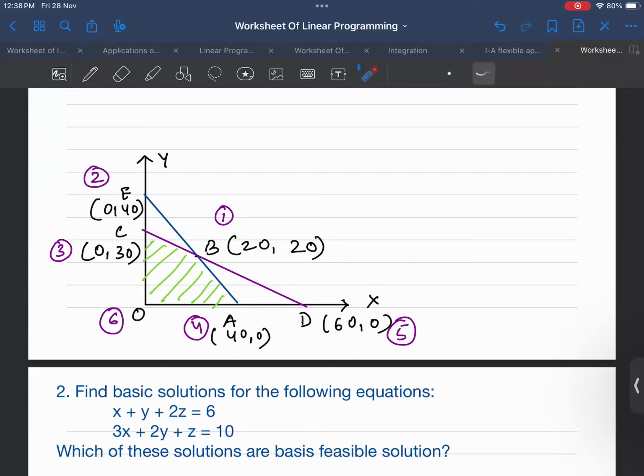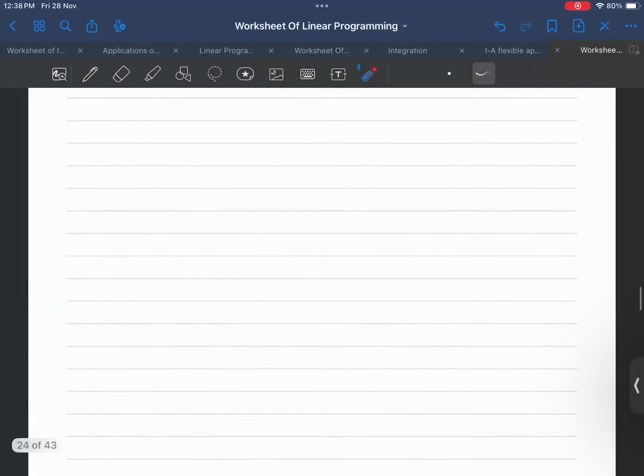In this graph, you can see x, y, and when we plotted these two equations, we get these points 0, D, A, C, E, B, which is equivalent to the formulations which we have done, 1, 2, 3, 4, 5, 6. If we talk about 1, 20, 20 is the point. This is 30, 40. Whatever values we got, it's the same values which we get over here.